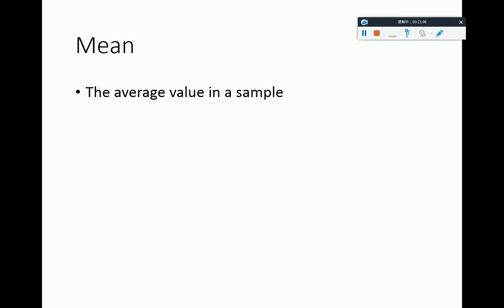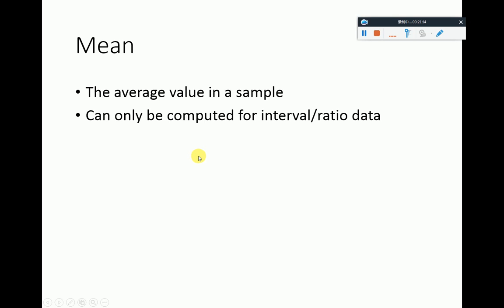So here I would only like to draw your attention to the restriction of computing means. That is, we can only compute means or averages for interval and ratio data. We cannot compute mean values or averages for nominal data, for very obvious reasons.